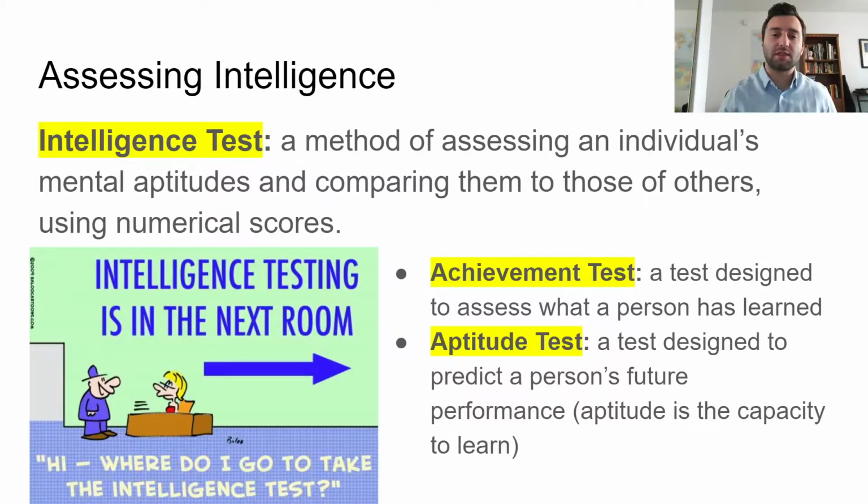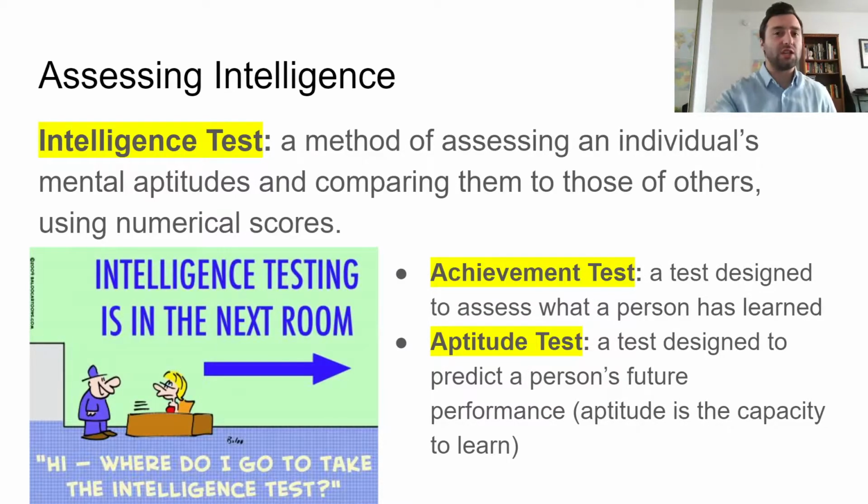Now, there are two different types of tests that we could use. We have what are called achievement tests and aptitude tests. And each of them is looking at something a little bit different. An achievement test is a test designed to assess what a person learned. It's like the test you get at the end of the year, or all of our unit tests in psychology.